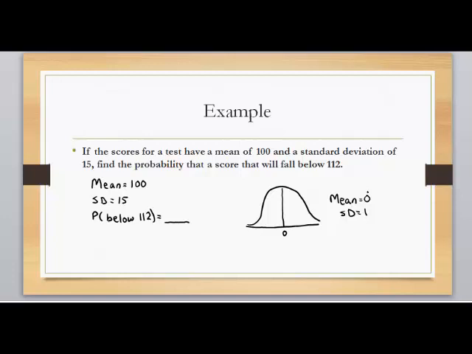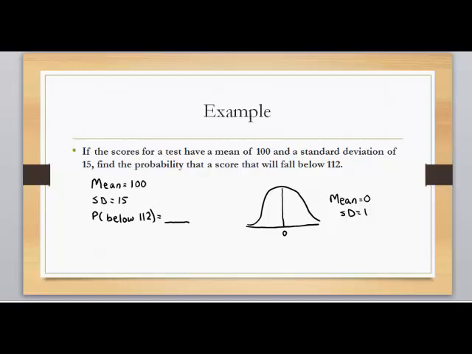So the piece that I'm missing that makes that possible is the fact that, remember along this bottom line on the curve, this line across the bottom, we have z-scores. So what I would do in class would be to reference you back to chapter 3, where we talked about how to convert a data value to a z-score.